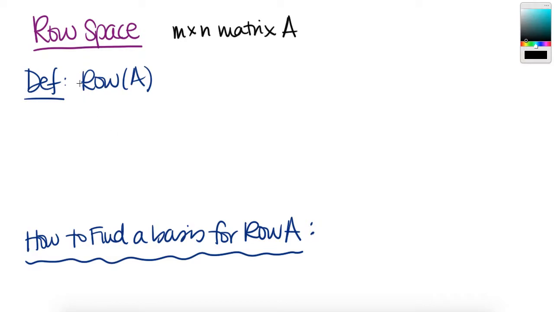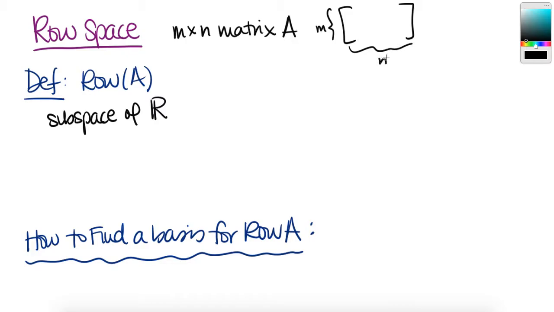All right, and row space is a subspace of R^n. So A here, there's m going this way, and there's n going this way. So each row has n entries. So this is a subspace of R^n, and it is the span of the rows of A.